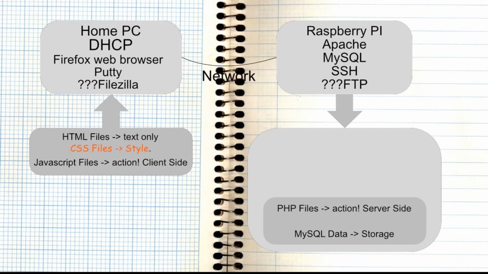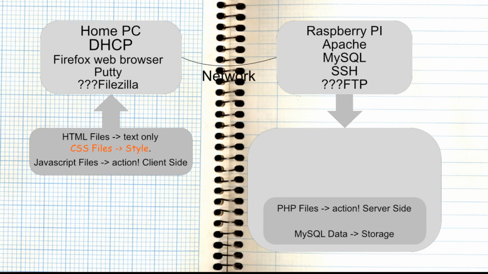It's going to use Apache, and Apache is going to say, oh, it wants this file. It's going to take the file, it's going to take the CSS file and the JavaScript file, and all three of these can be seen by the PC. That's why it's called the client side. Whereas these two, the PHP files and the MySQL data, will stay on the server side.